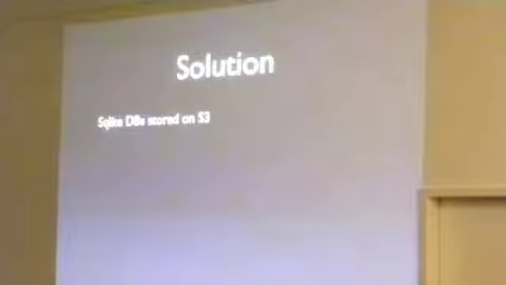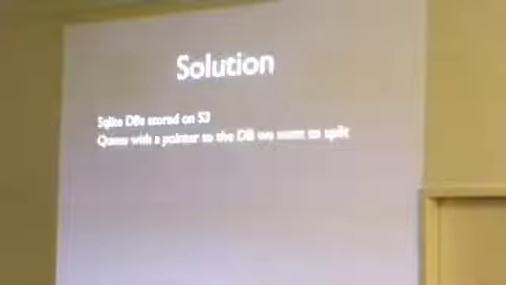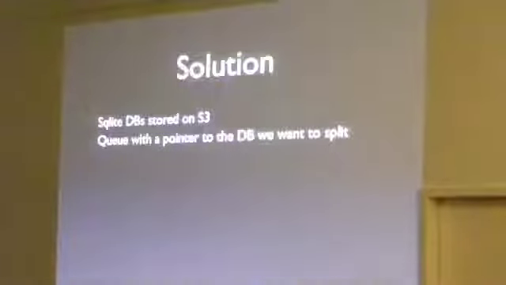So the solution I've come up with, at least for that particular problem which I'm going to show you, is that I store my SQLite DBs on S3. Then I use an SQS queue into which I send pointers to the DB file that I want to split.